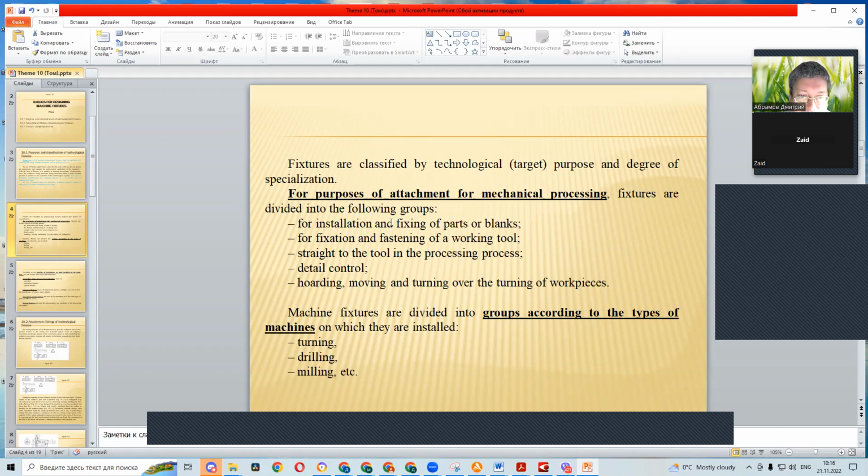Detail control, hardening, moving, and turning of workpieces. Machine fixtures are divided into groups according to the types of machines on which they are installed: turning machine, drilling machine, milling machine, etc.